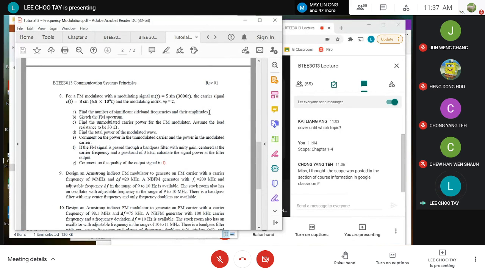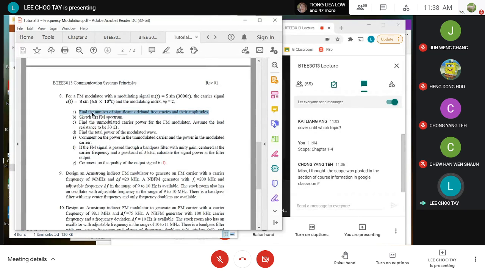How do we find out how many significant sidebands the signal produced by this FM modulator has? You also need to find their amplitude.